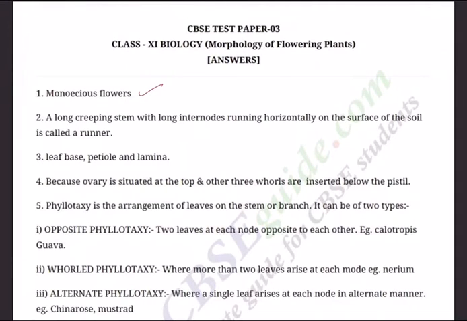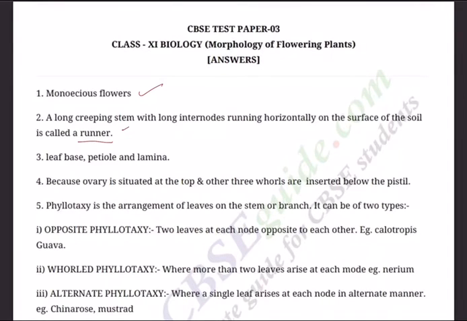Similarly, the flower having both the sexes, male and female, is bisexual. Question 2. A long creeping stem with long internodes running horizontally on the surface of the soil is called runner. You must have seen in your own garden many plants running flat on the ground.